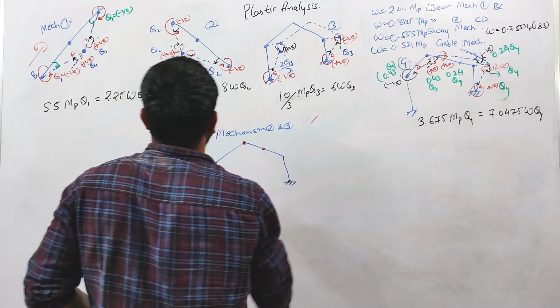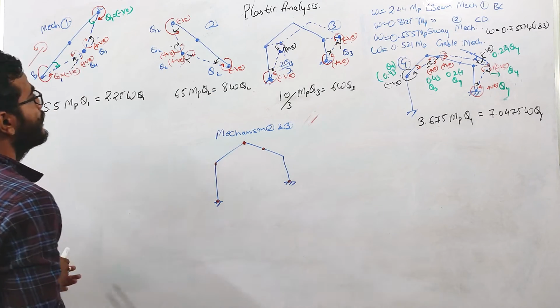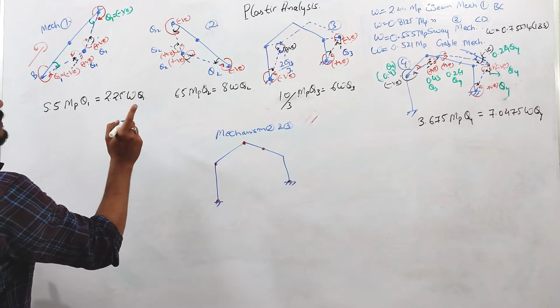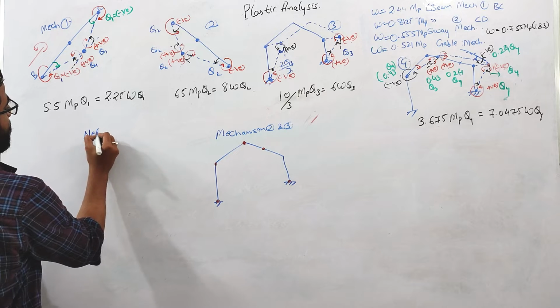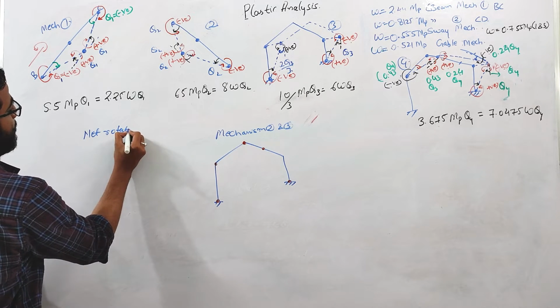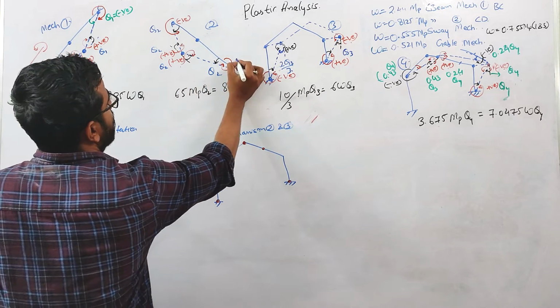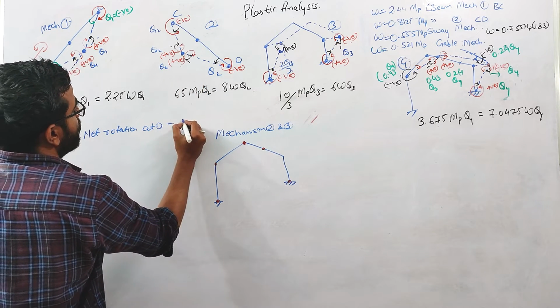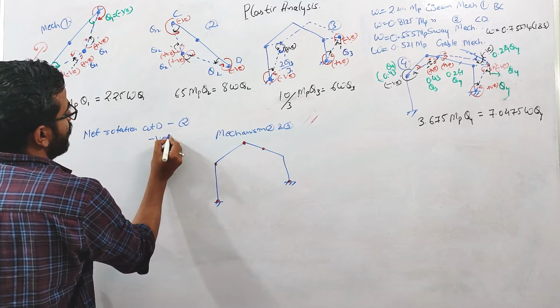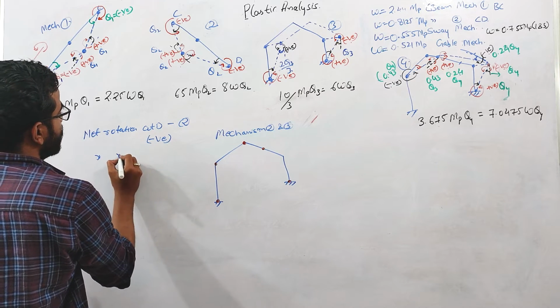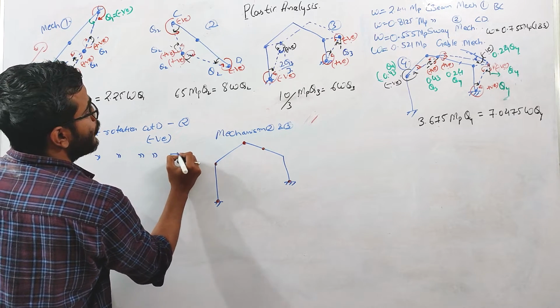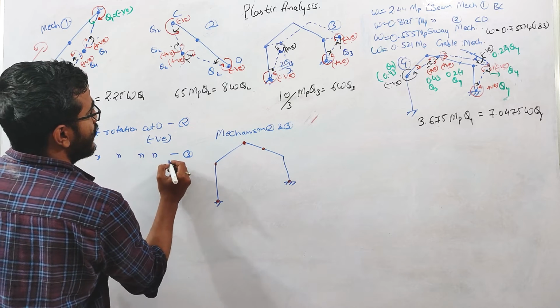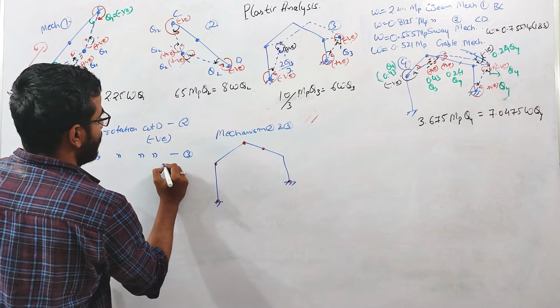The net rotation at D for mechanism 2 is negative. This is D, this is C. Similarly, the net rotation at D in mechanism 3 is again negative.